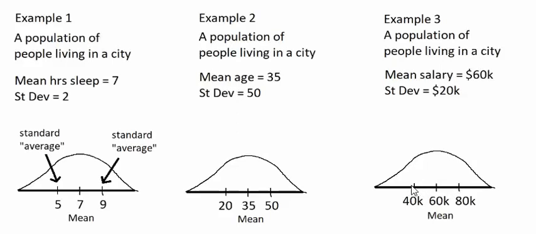So if a person from this population tells you they're making 40,000 per year, you would say to that person, well, you're 20,000 below average, but that's pretty typical in this population. It's pretty standard. And if a person tells you they're making 80,000, you would tell that person, well, you're 20,000 above the mean, so you're pretty typical or standard. You're not too unusual.